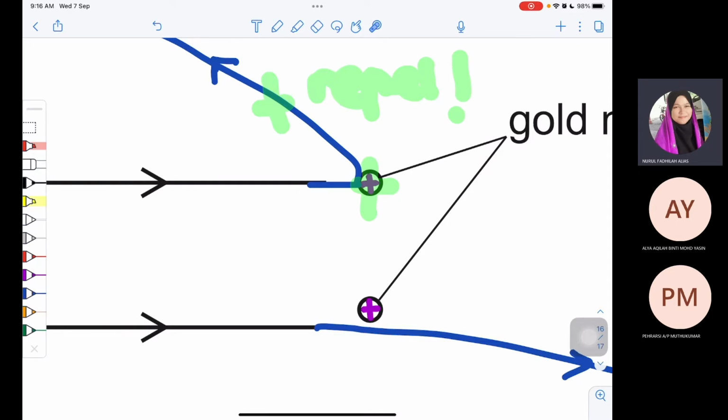So you buat dia straight tapi ada sedikit yang deflected ke bawah. Dia ke bawah sikit. Okay, to show it's heavy. Dia berat. Menunjukkan dia heavy sikit.